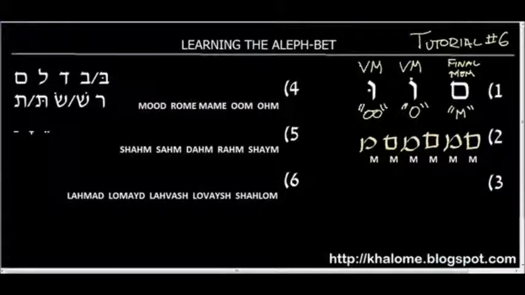Remember that what we just did is exercise 2 here, block script. That's pretty much what we're going to read in. In modern Hebrew, the handwriting script is what you're going to write in.